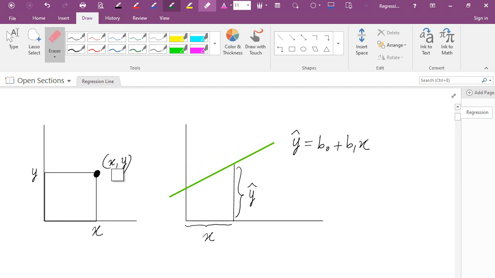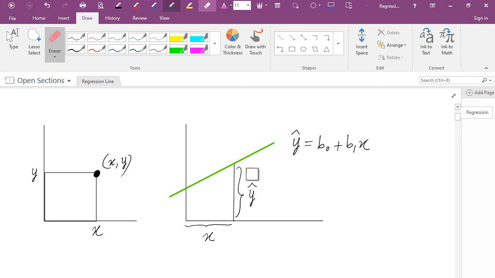Let's say that x, y here are the rectangular coordinates of this point. Then notice that the y coordinate here is the height of the point from the horizontal axis. That is, the y coordinate of the point is the distance from the point to the horizontal axis, and the x coordinate of the point is the distance from the point to the y axis.